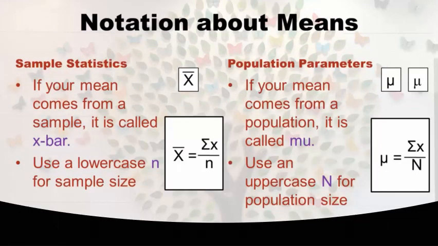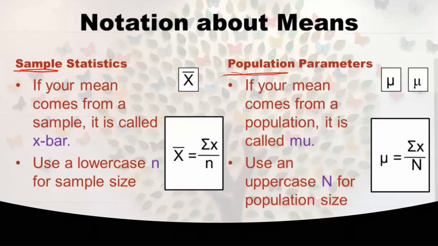All right, here are some more symbols about means that it's very important for you guys to know. When we're doing statistics and you're looking at means and things like that, there are two main categories of symbols that you need to be looking out for, and that's going to tell you whether you're dealing with a sample statistic or a population.